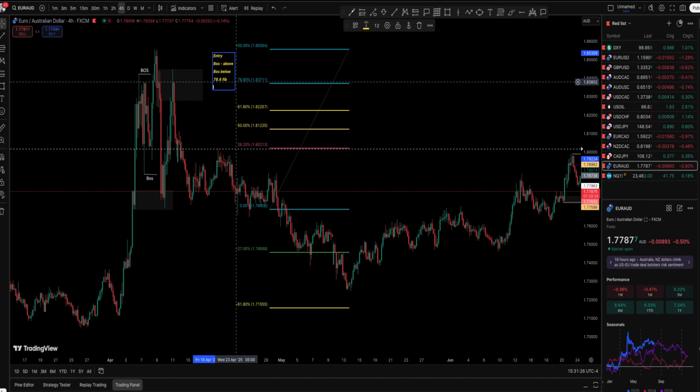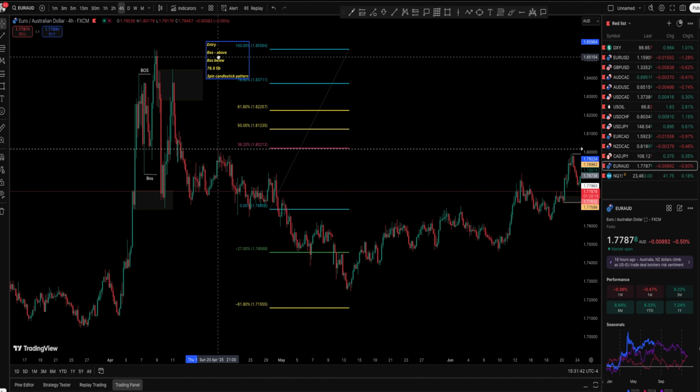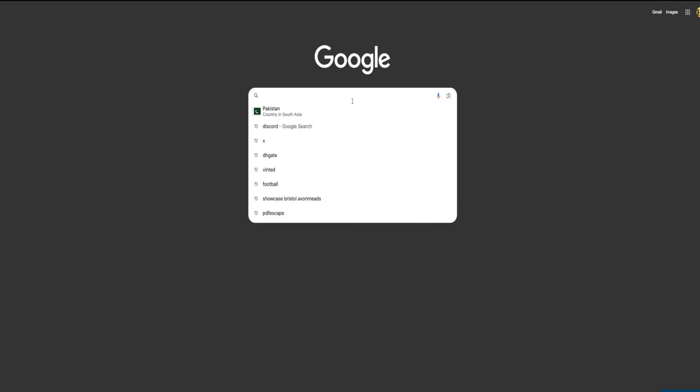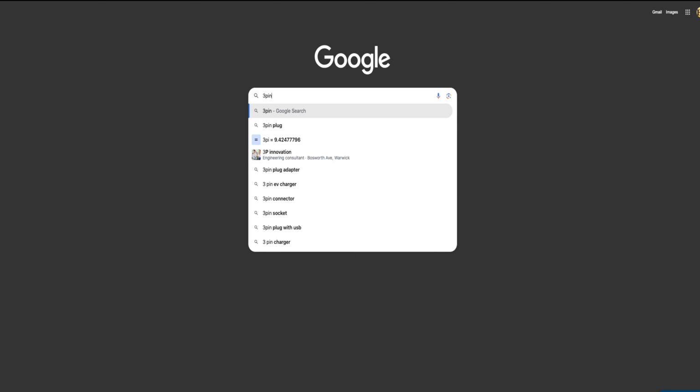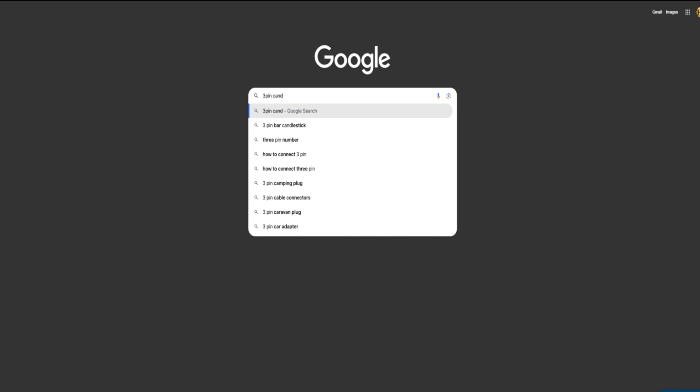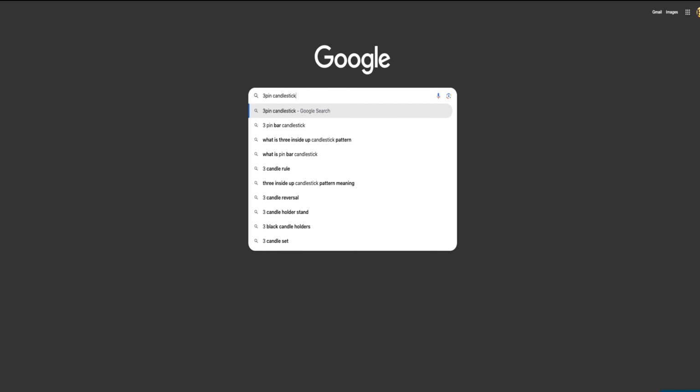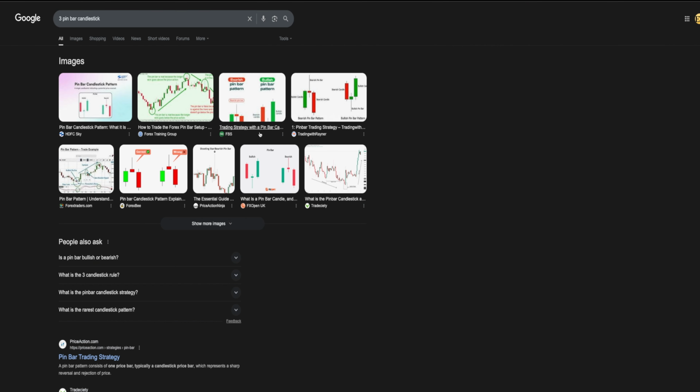What I look for is the candlestick pattern has to be a 3 pin. 3 pin candle pattern. The 3 pin can be anything, roughly like this.